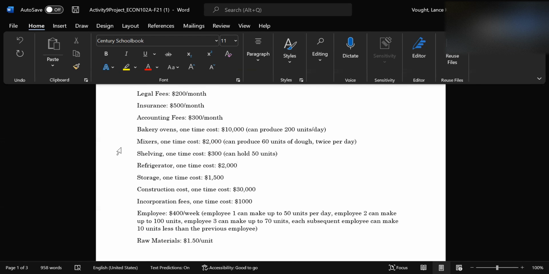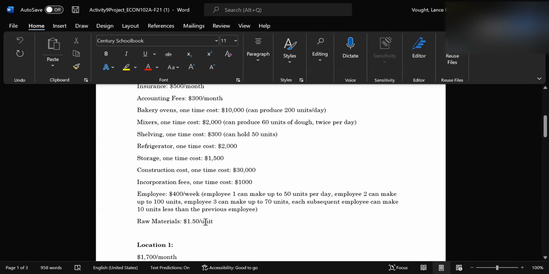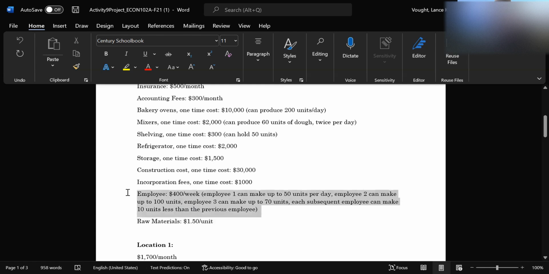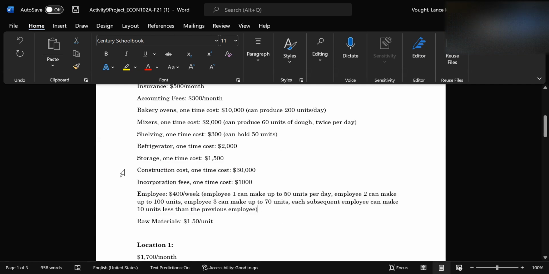And the raw materials, is that a fixed cost or a variable cost? That's a variable cost, because it's dependent upon how many units you produce. So if you produce nothing, your raw materials is 0. If you produce nothing, you don't hire anybody, so employees is 0. So those are variable costs dependent upon how many units you make. Okay, that makes more sense.